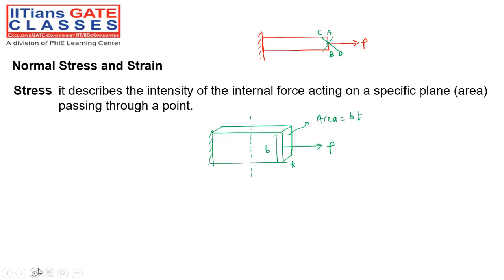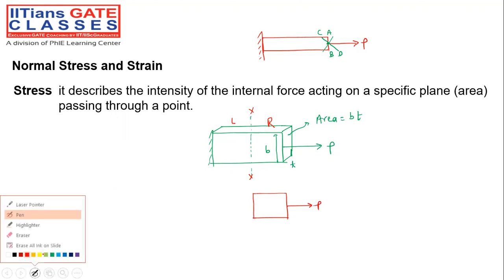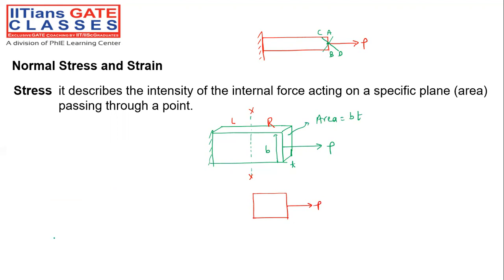If I cut the member at a section XX and draw the free body diagram of only the right side portion of the bar, here we are applying the force P. Every material wants to be at rest, and initially there was no disturbance to the material before application of the load.